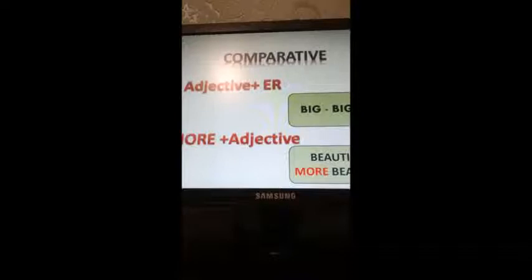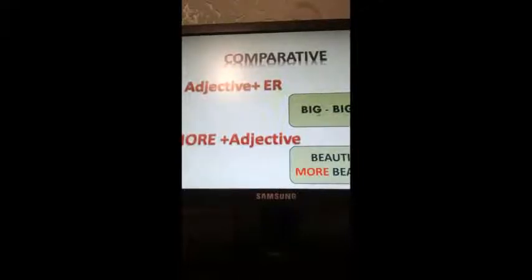So we have different types of adjectives. For example, different syllables we have. For one syllable adjectives, we add the suffix er at the end of the adjective. For example, big, bigger.